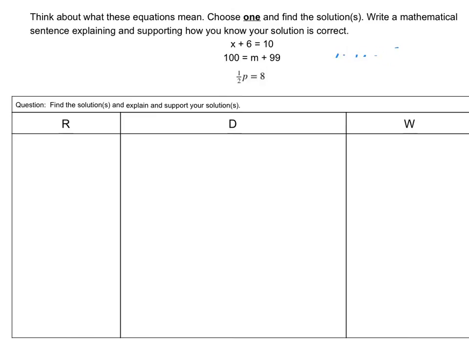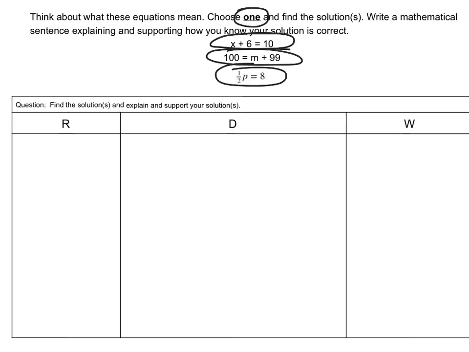Take time to deconstruct the problem using annotation. Next, let's underline the question that's being asked.